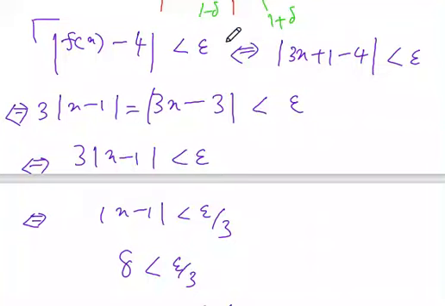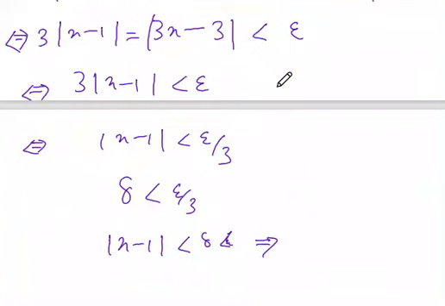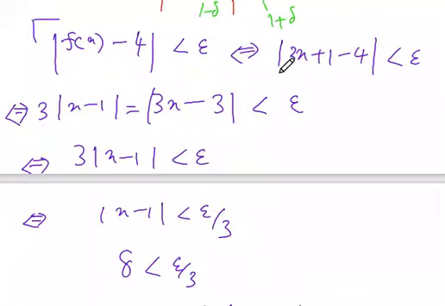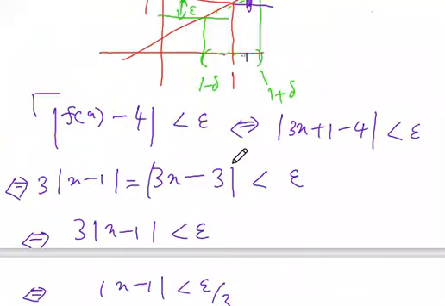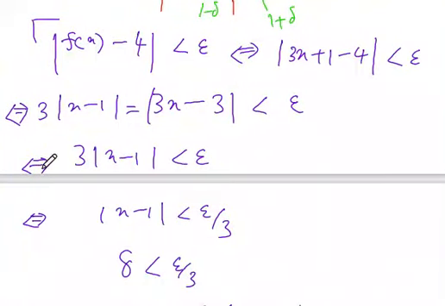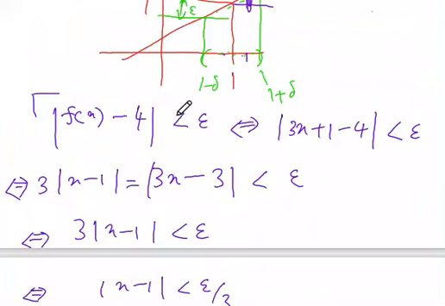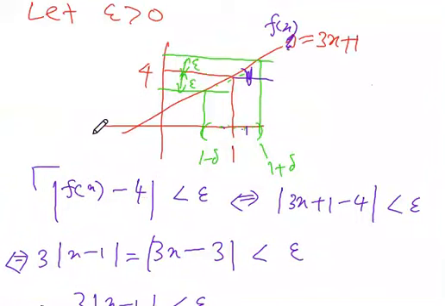Therefore the difference between the functional value and the limit value is less than epsilon. This is the rough work; you can do this on a rough paper.